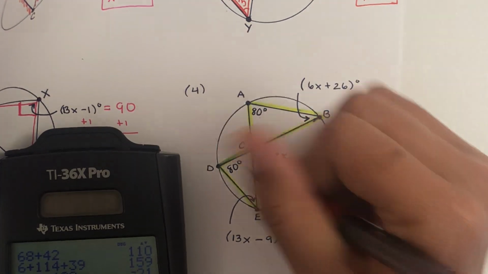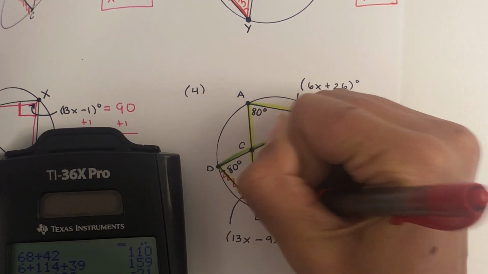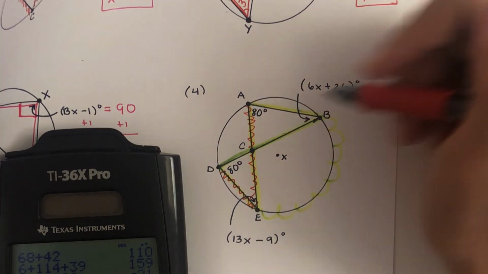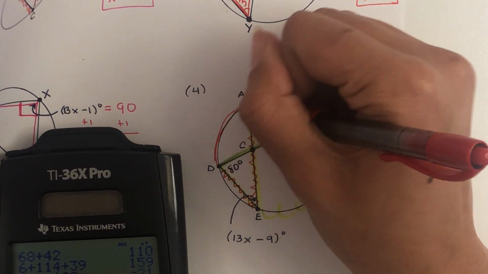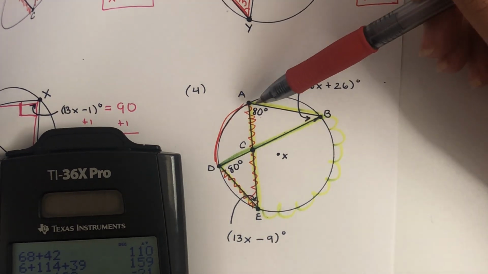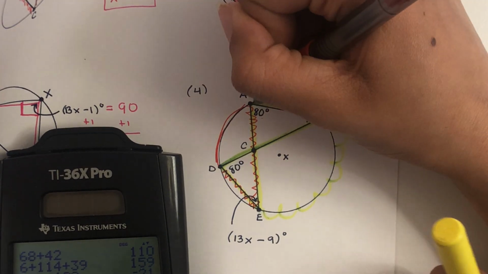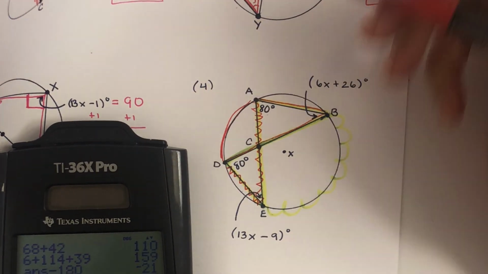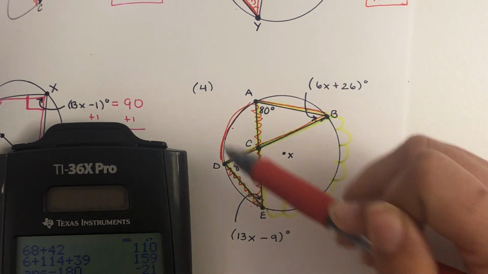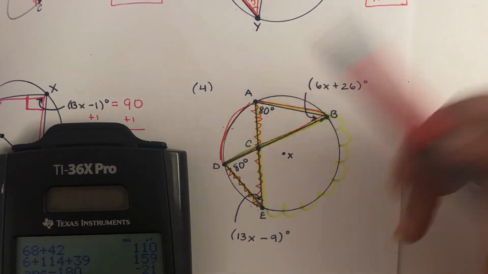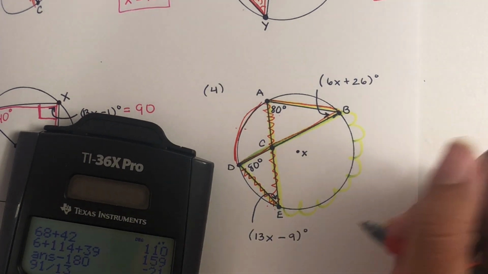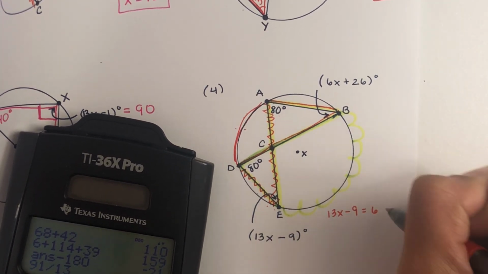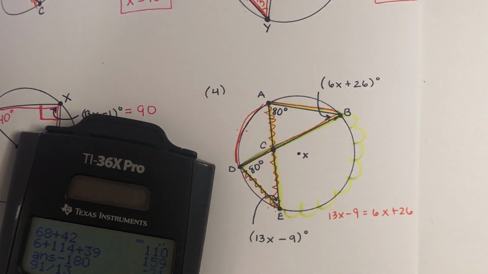All right, now I have 13x minus 9, right? That's this chord here. If you see this one in here, it shares the same chord. These both share the same arc, which means 13x minus 9 is going to be equal to 6x plus 26.